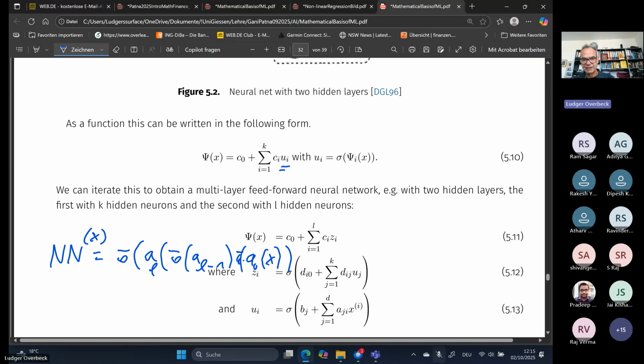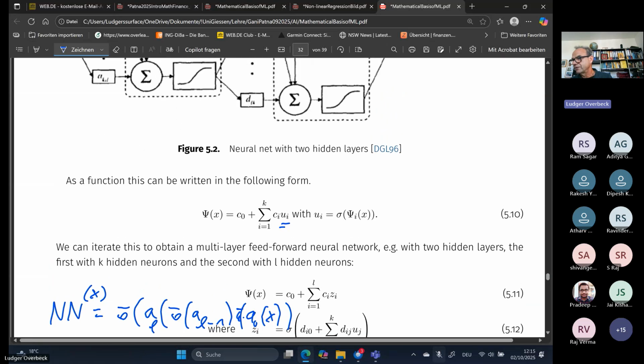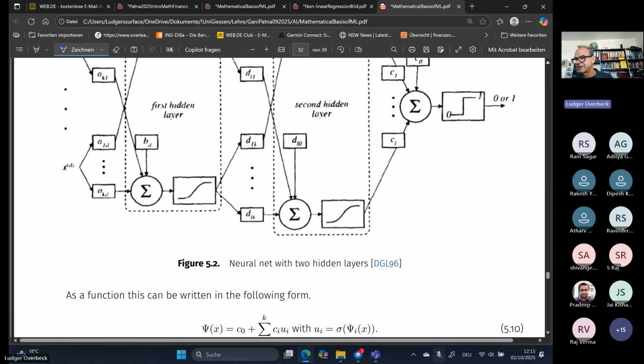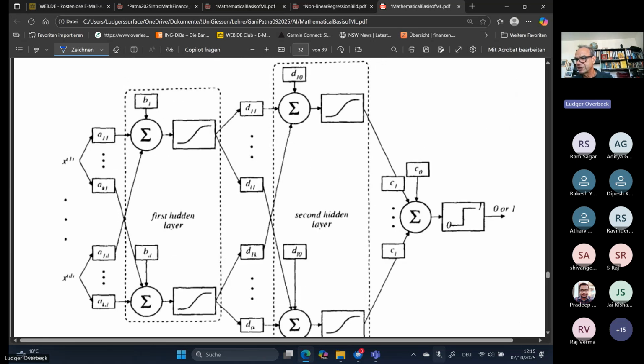A neural net is just a function which is kind of complex in the way you put a linear function into an activation function. The result you put again into a linear function. The result you put again in a... That's why you always draw pictures like this. You start with the input. You do a linear function. You put the output in each node. You put the output into a sigmoid function, kind of between 0 and 1.